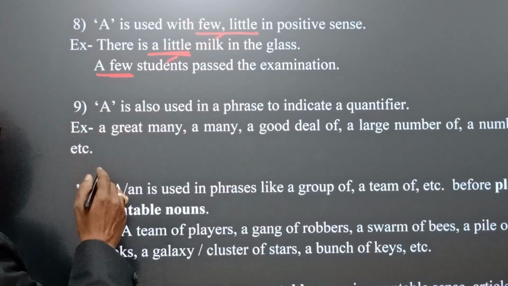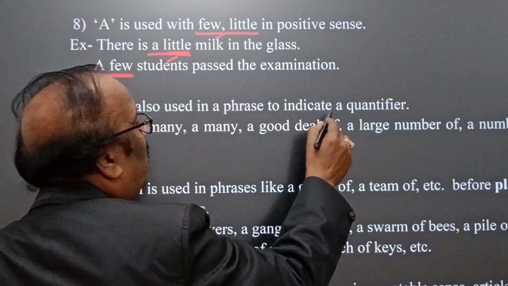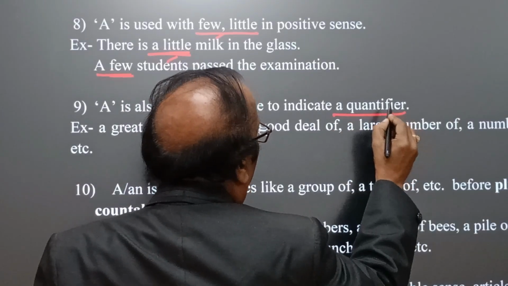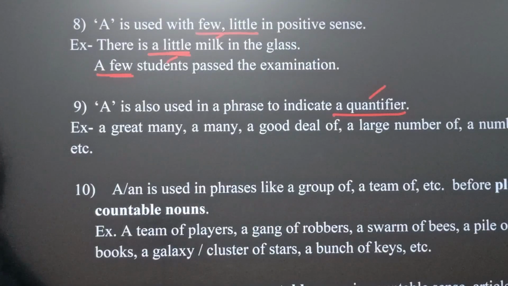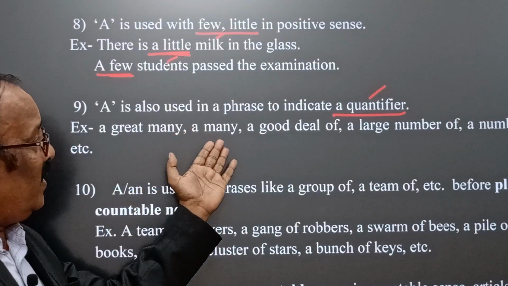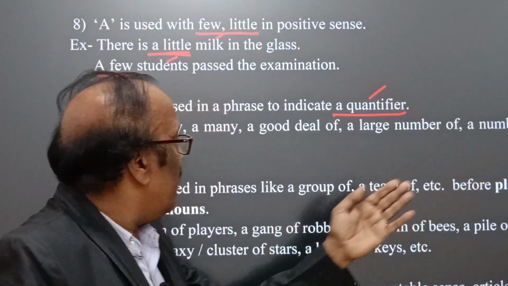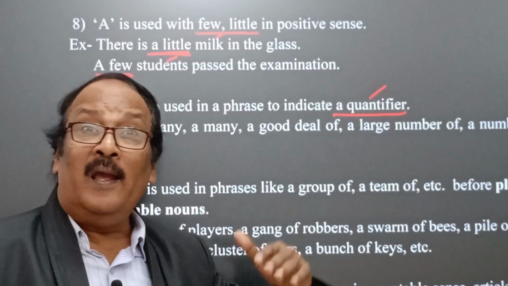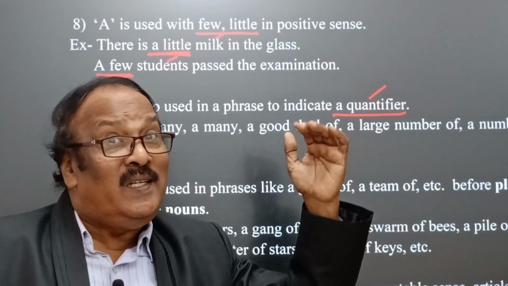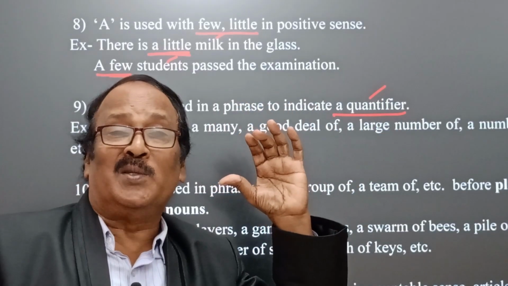Okay, now come here. We find "a" is also used in a phrase to indicate a quantifier. Then how? A great many, a good deal of, a large number of, a number of, etc. A large number of tourists visit India to see the marvelous sight of the Taj Mahal.